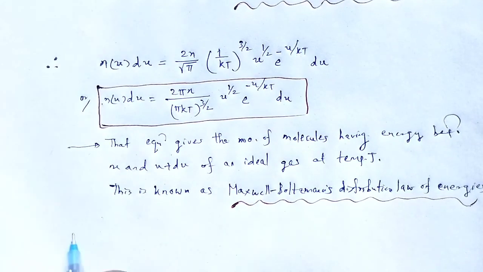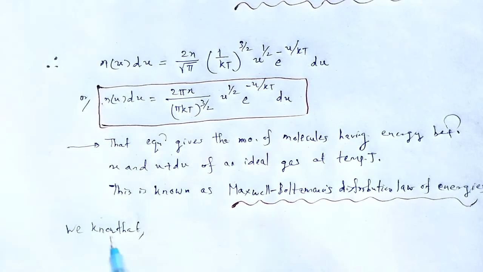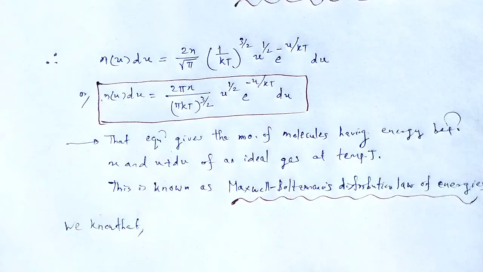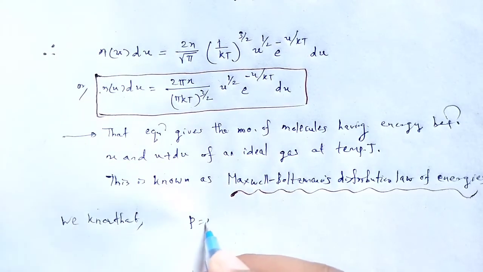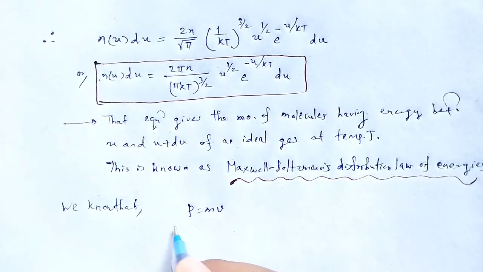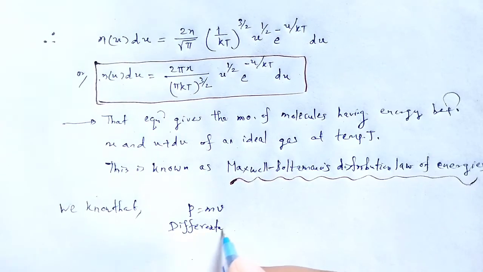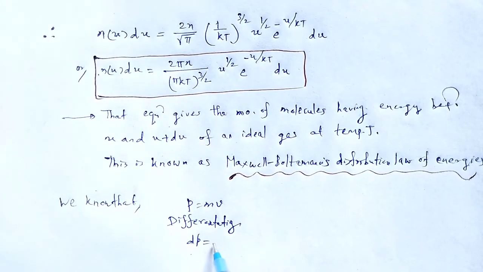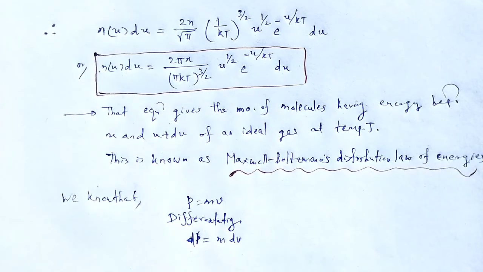But we know that next we calculate the number of molecules in the velocity range. So we know that p is equal to mv, differentiating, dp is equal to m dv, where v is the velocity.